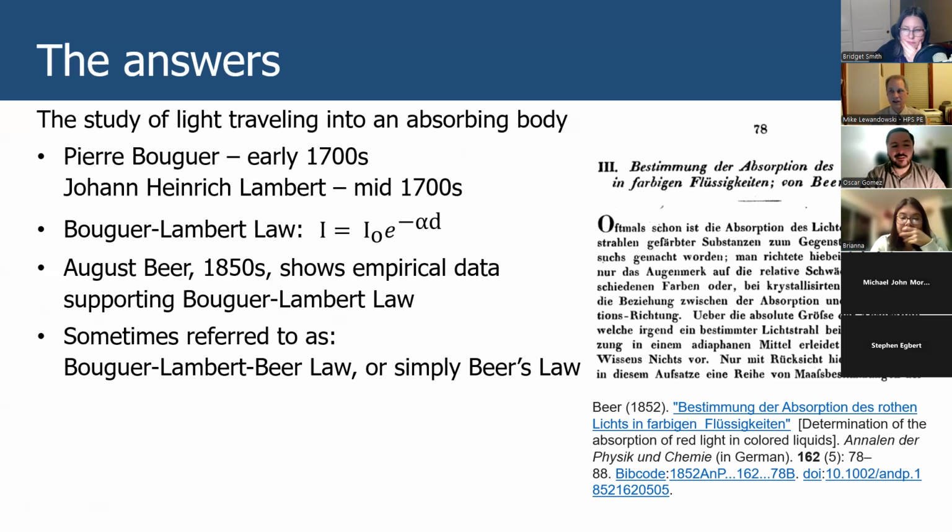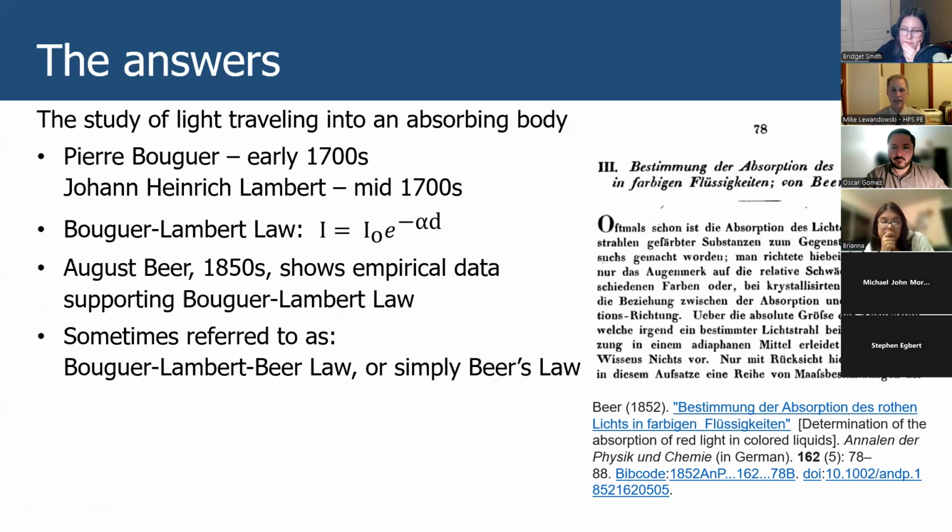100 years later, August Beer actually does an experiment which confirms this theoretical equation. And the Bourget-Lambert law has been referred to as the Bourget-Lambert-Beer law, or more commonly, Beer's law, to describe this property of light passing through some sort of attenuating liquid.